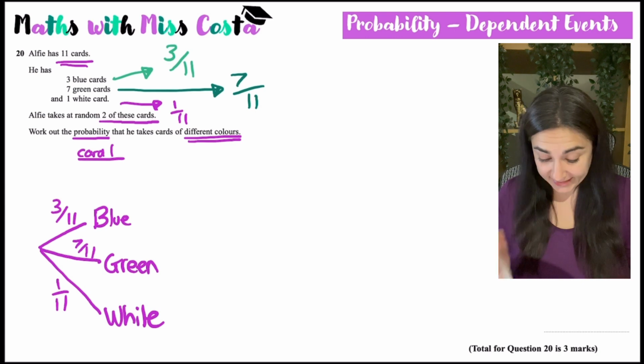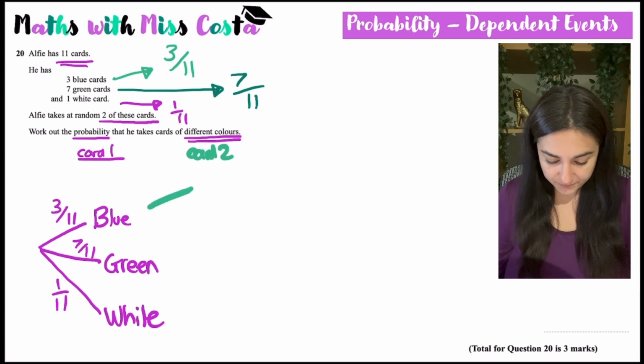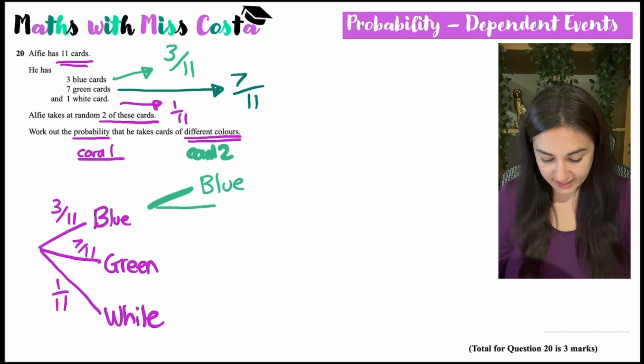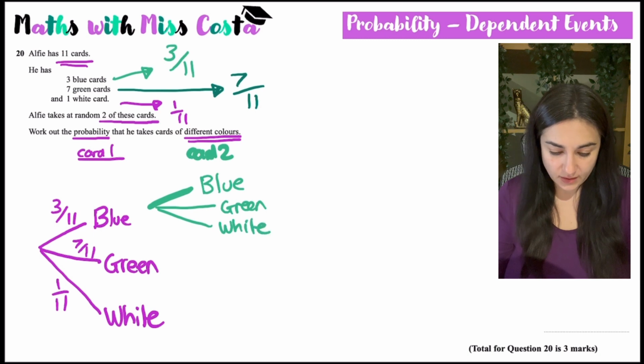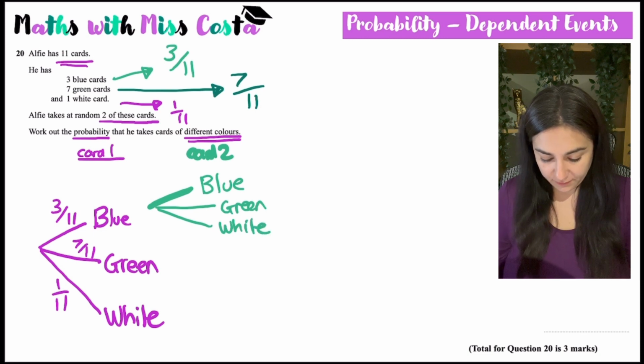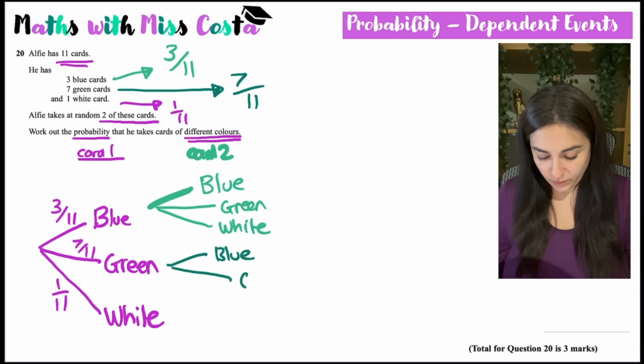Then for my second card, card 2, I could take a blue card, another blue card, or I could take a green card, or I could take a white card. I could also, if I've taken a green card, I could then take a blue card, or a green card, or a white card.